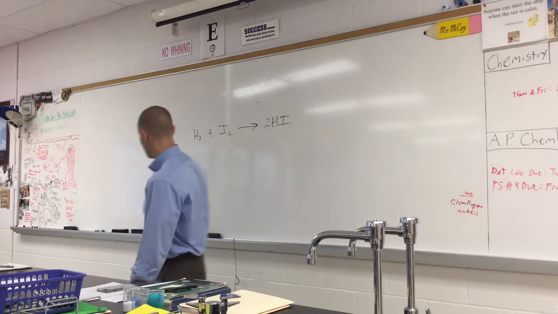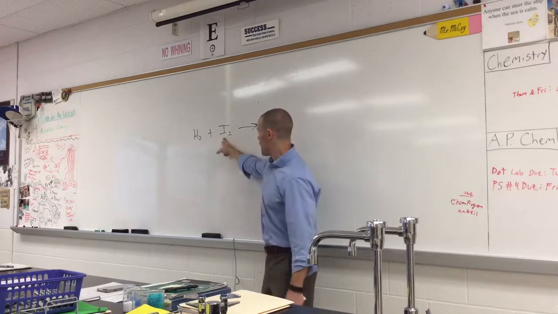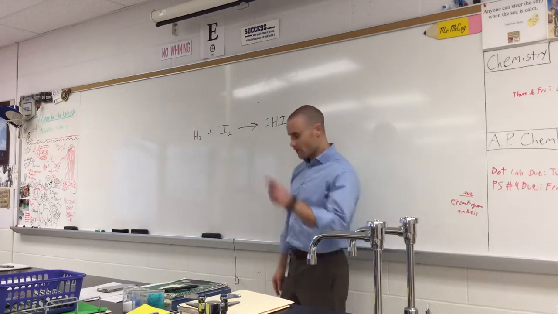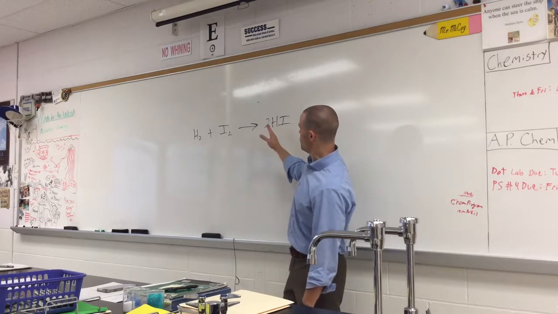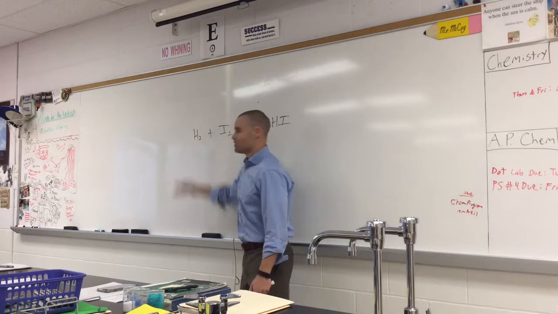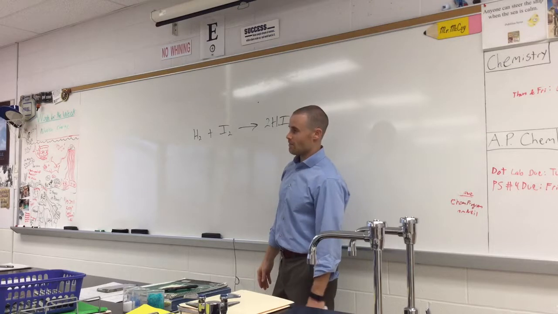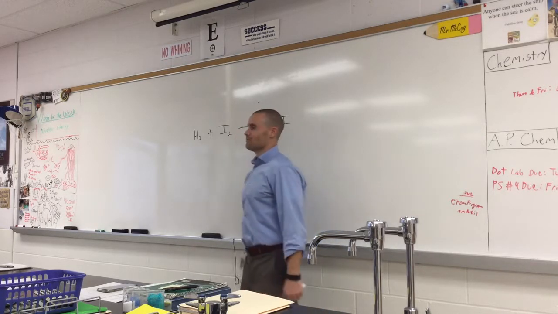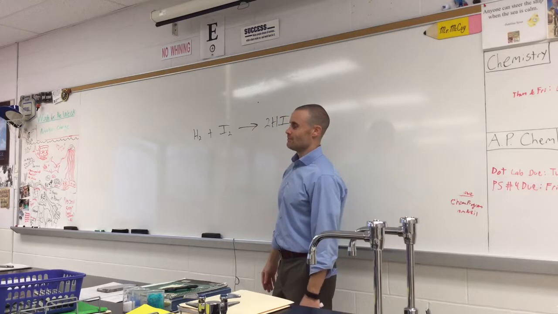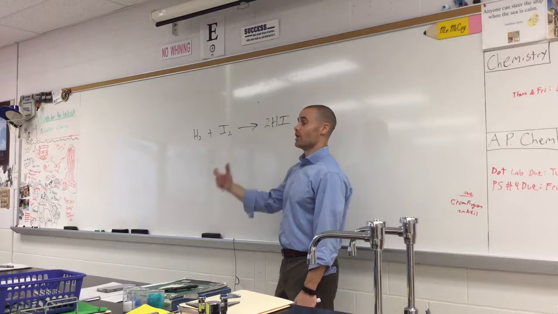Okay, Courtney, what's the mole ratio between I2 and HI? 1 to 2. Very good, 1 to 2. Ariel, what's the mole ratio between HI and H2? 1 to 2. Try again. From HI to H2. Try again. I'm confusing you, but it's the way I'm wording it.